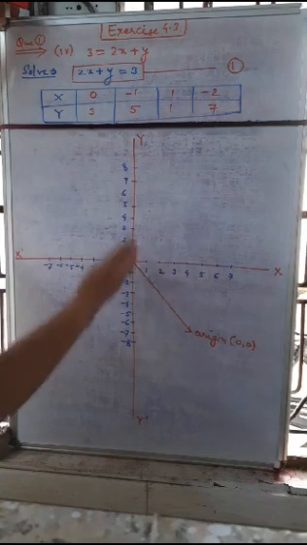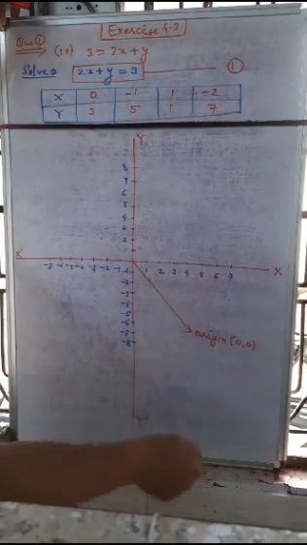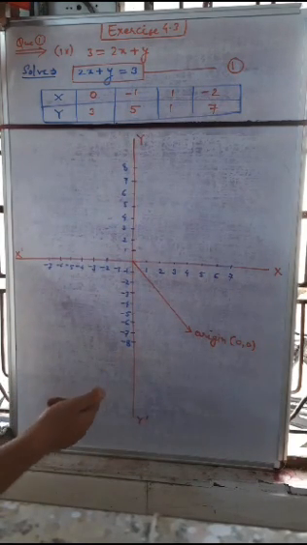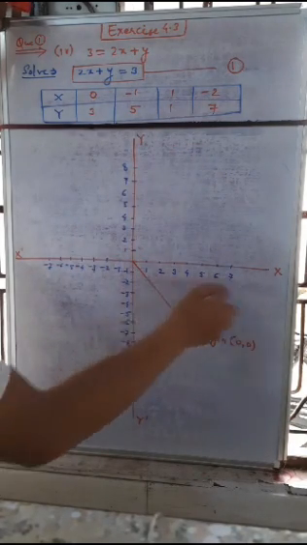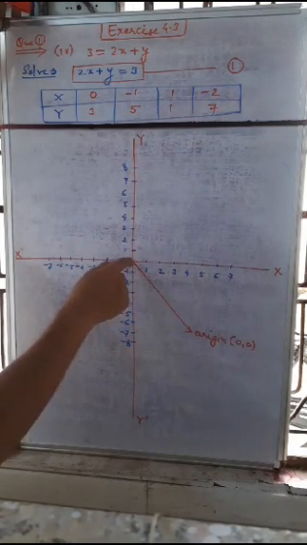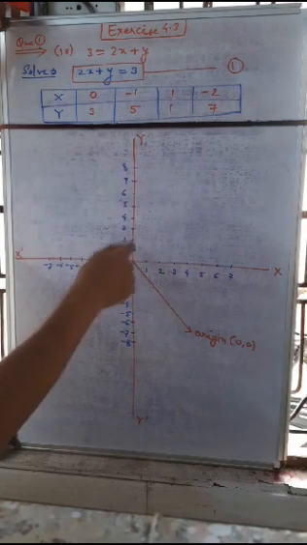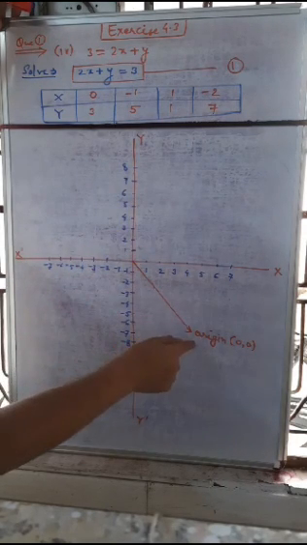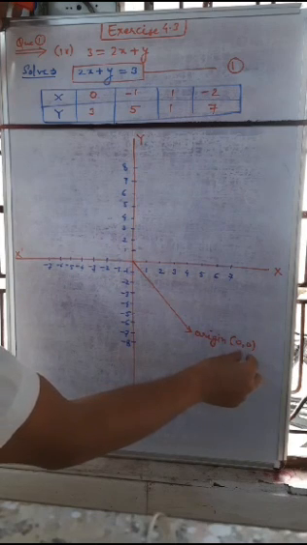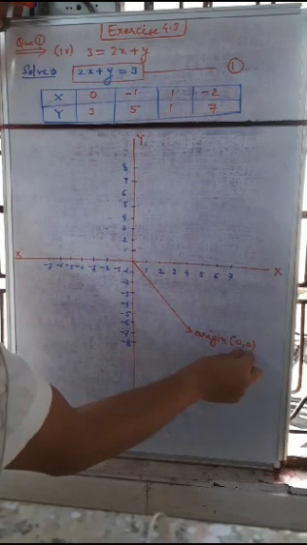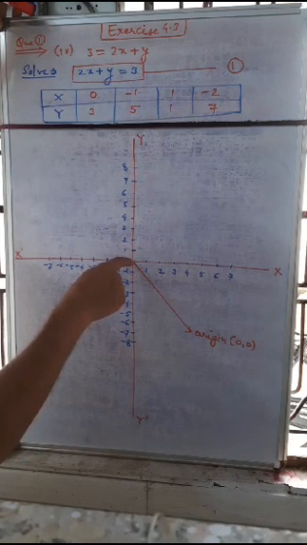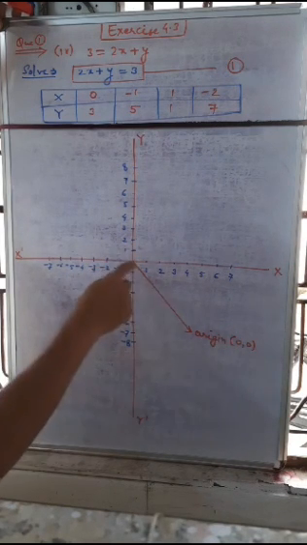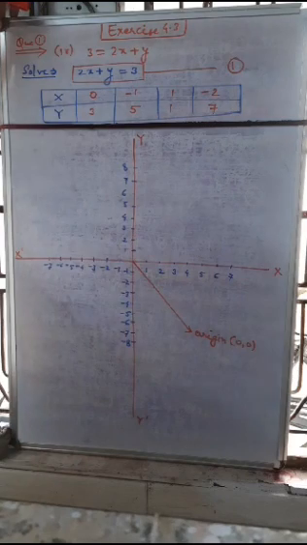So as we know, it is the Cartesian plane. There are two axes in the Cartesian plane, x and y. So it is positive x-axis from the origin. The intersecting point of both the axes is called the origin, and the coordinate of this point is 0, 0. That means on this point the value of x will be 0 as well as the value of y will be 0 here.